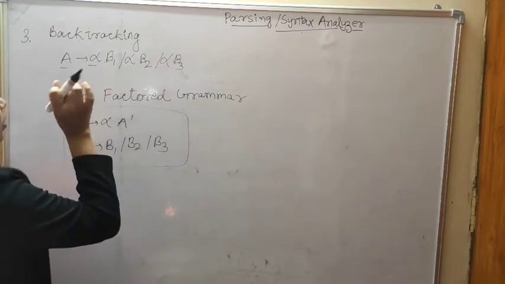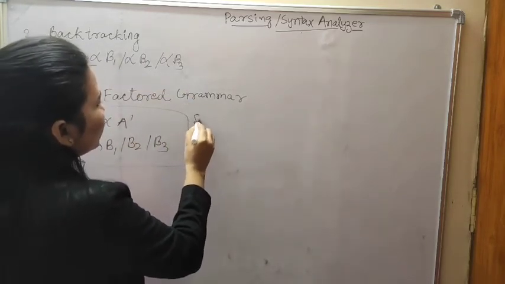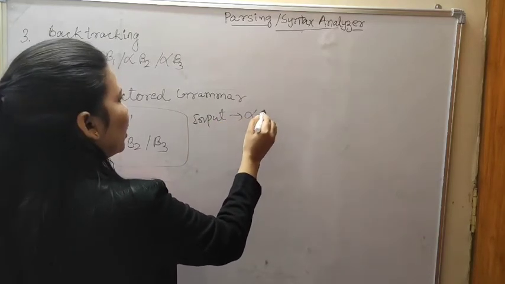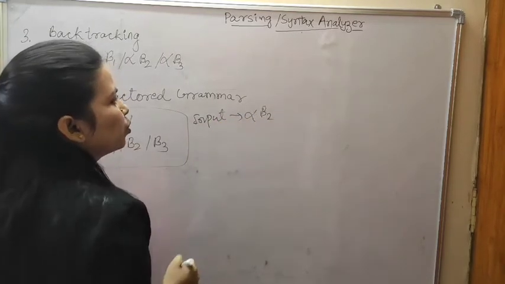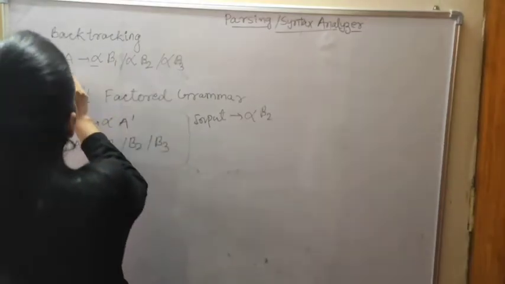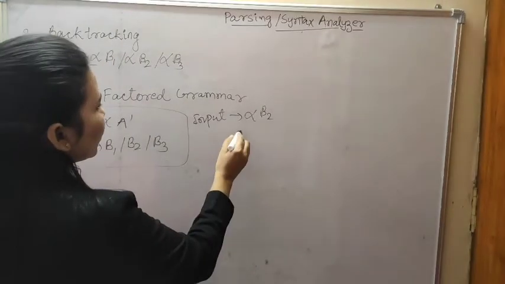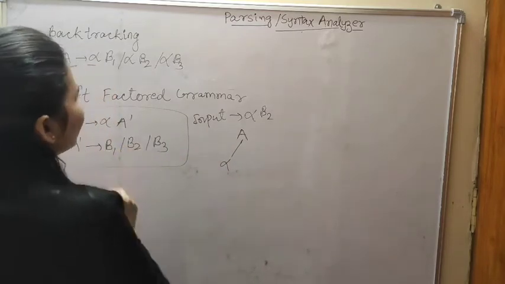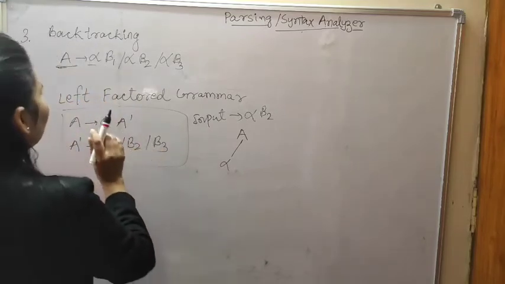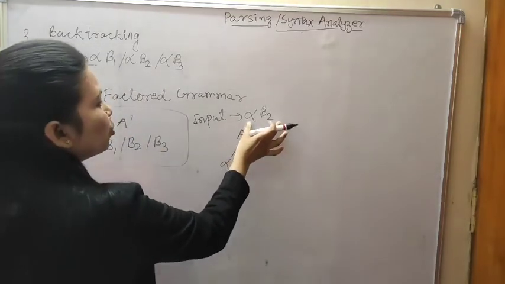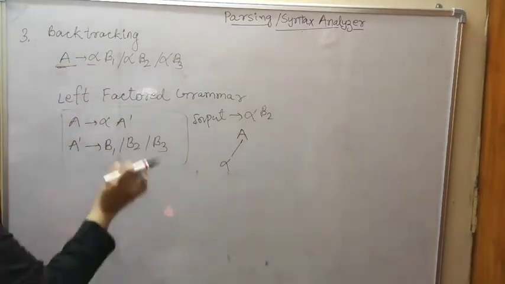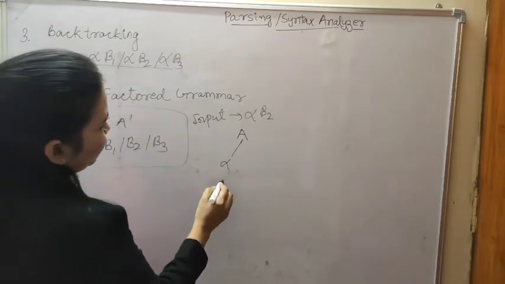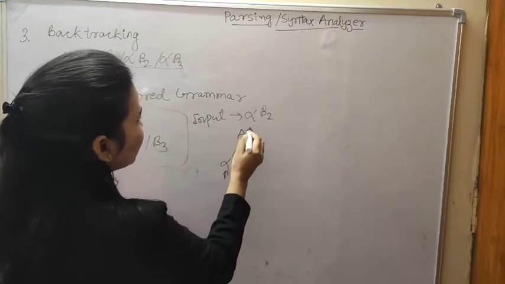And what is the problem here? Suppose the input given is alpha beta 2. The starting letter is A, so from A we go to alpha. Alpha is the first letter. The problem is that without looking at the pointer of the input, we are looking at the grammar first. So alpha is given, alpha we have written. Now we will check this alpha.